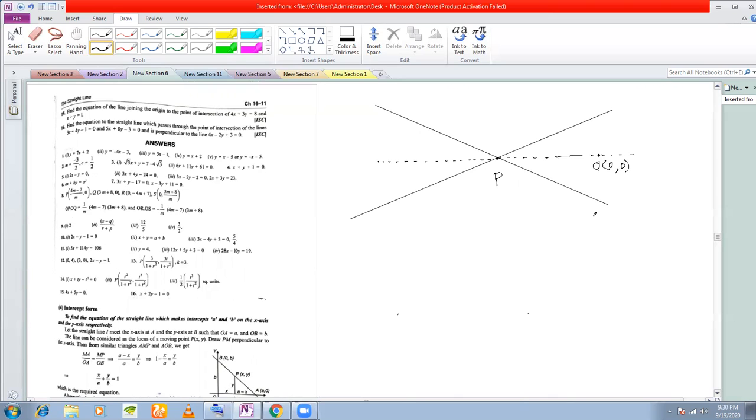What are the two straight lines given? 4x plus 3y minus 8 is equal to 0, and x plus y minus 1 is equal to 0.